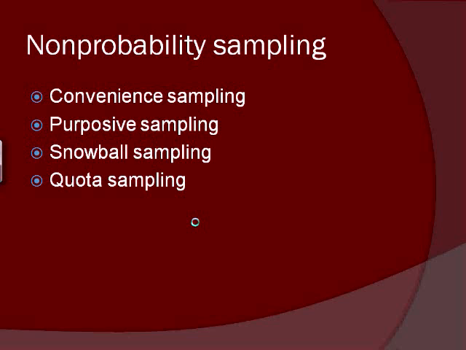All of the non-probability sampling methods, in fact, are based on the principle of convenience. We select the sample based on whatever cases or people, objects, or events are available. And so we have four types of non-probability sampling methods: convenience sampling, purposive sampling, snowball sampling, and quota sampling. Let's talk about each of them in turn.